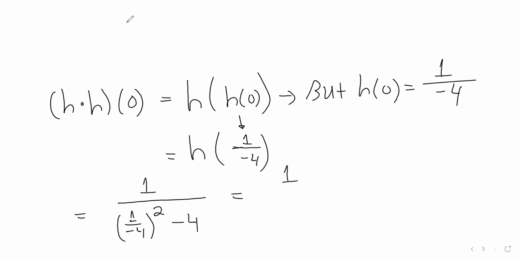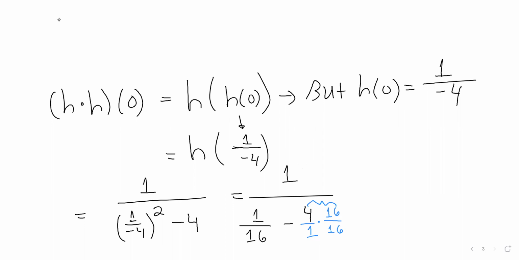So finally, that's 1 over my x value, 1 over negative 4 squared minus 4. Once I square my fraction, I get positive 1 over 16 minus 4. I'm going to write that 4 as a fraction multiplied by 16 over 16 to get a common denominator.